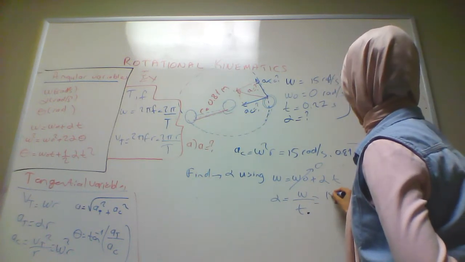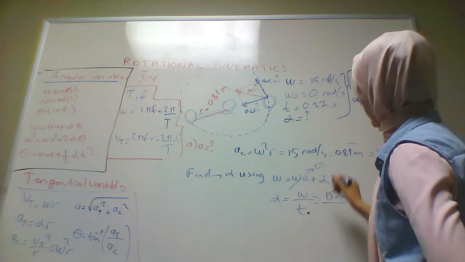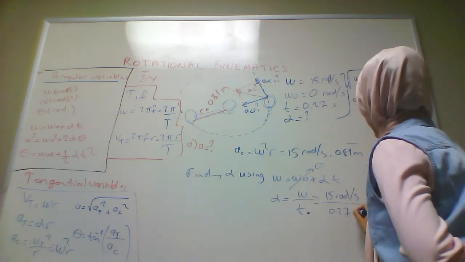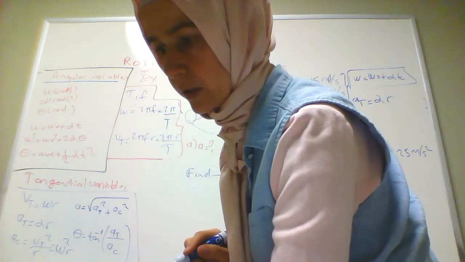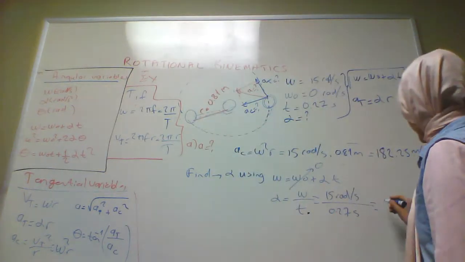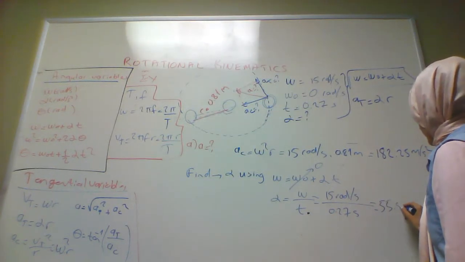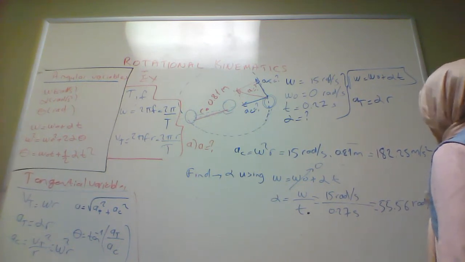Again, 15 rad per second divided by time, 0.27 seconds, and the answer should be, I'm not going to lose time on recalculating these, 55.56 or 55.6 rad per second squared.